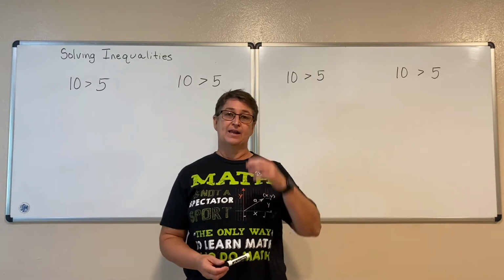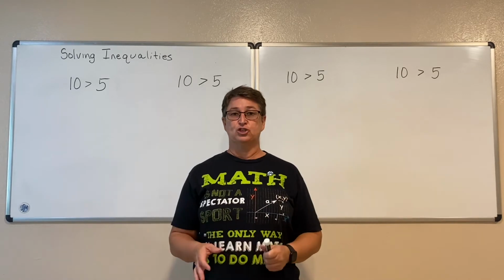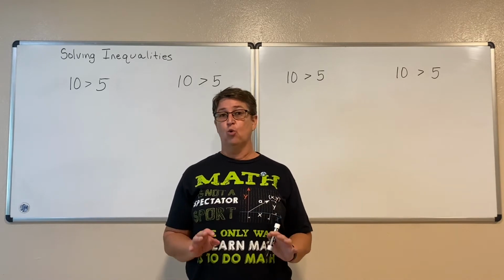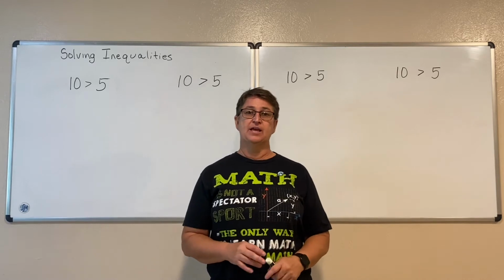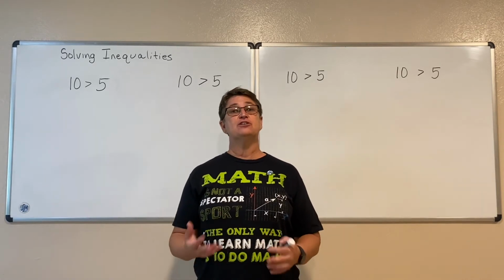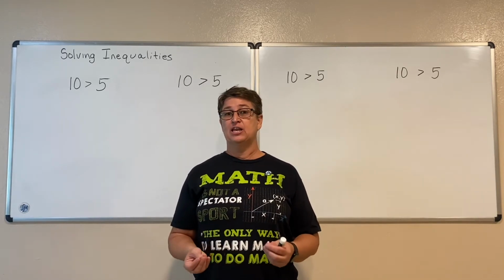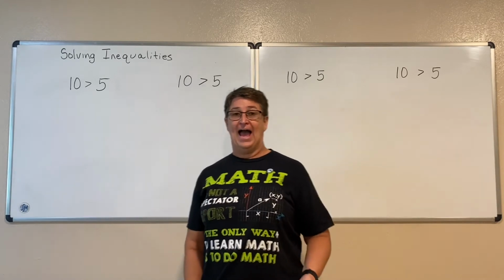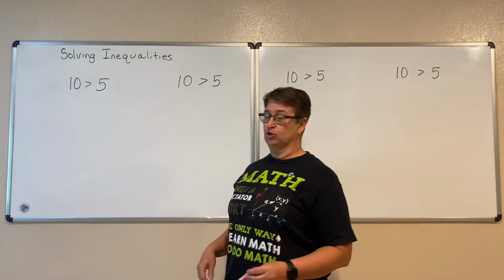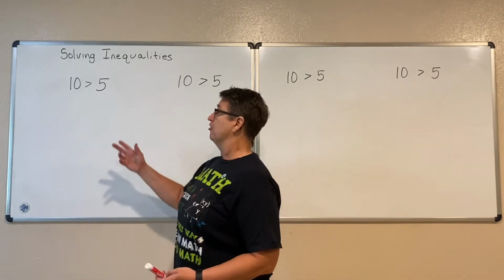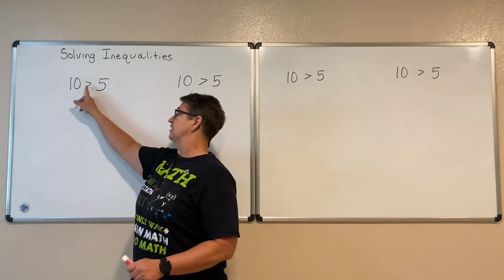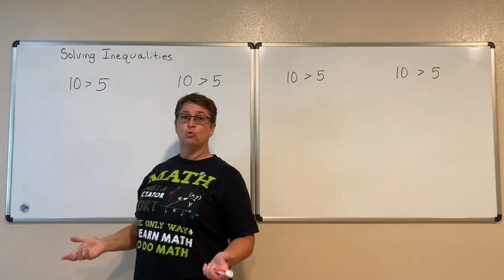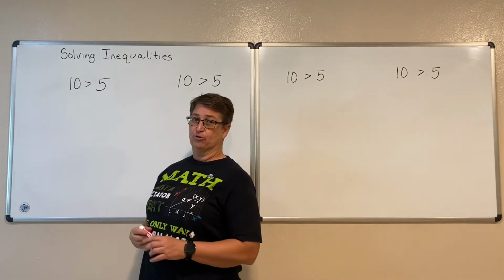Now let's look at doing different operations on both sides of an inequality sign and see if it continues to make that inequality true. So let's start with adding on both sides of an inequality. Here I have the inequality 10 is greater than 5. We all agree that 10 is greater than 5.